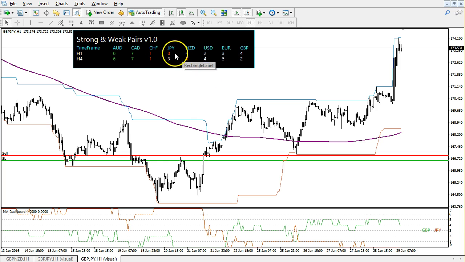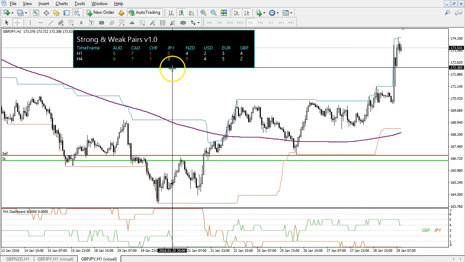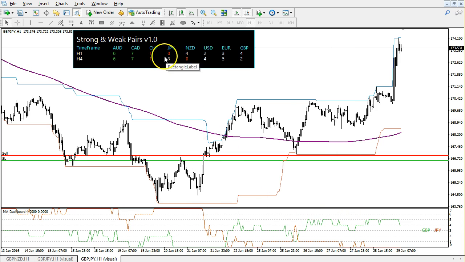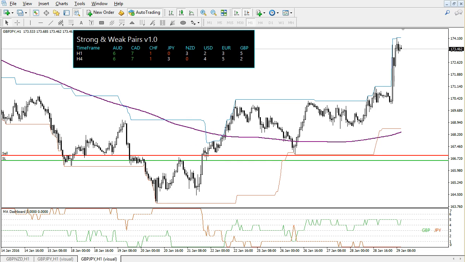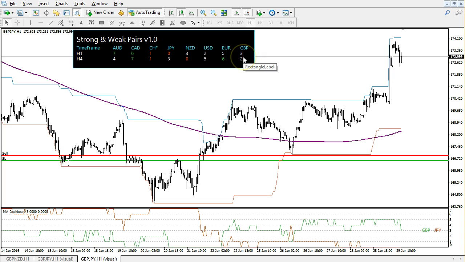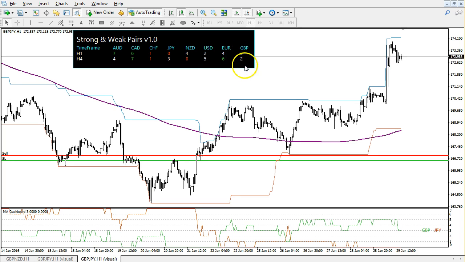Here we can see that the GBY is very weak in the 1 hour, and moved from the 7 position to score number 3. And the GBP starts showing strength here, because it was 0 in the past and now it's 2 in the 4 hour, and in the 1 hour the score is 4. So we'll see how we can enter the market following that trend.